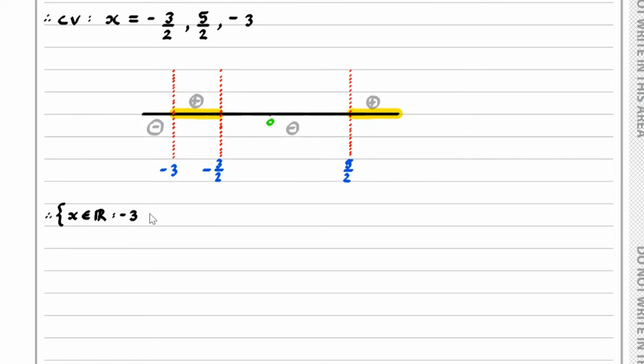We have negative 3, which is less than or equal to x, which is less than or equal to negative 3 over 2, or we have x being greater or equal to 5 over 2. Here is our solution to the inequality.